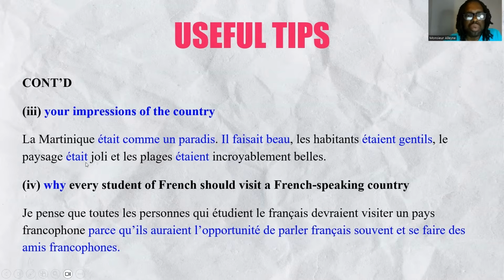The scenery was lovely, and the beaches were incredibly beautiful. All of those are giving your impressions because you're describing things. I hope that is clear. I hope you guys understand. Let's move on to cue number 4.